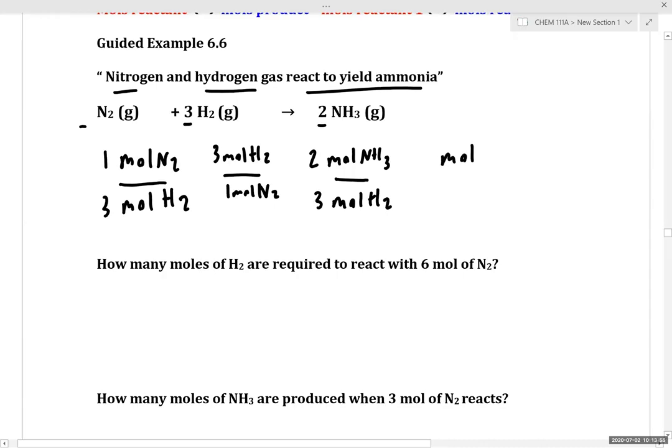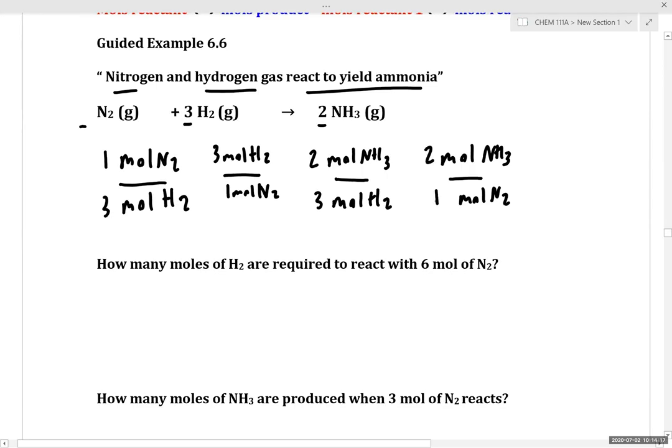And then finally, what's our ratio of moles of ammonia to moles of nitrogen? What's our mole-to-mole ratio of ammonia to nitrogen? Ammonia to nitrogen. 2 to 1. Yep, perfect.